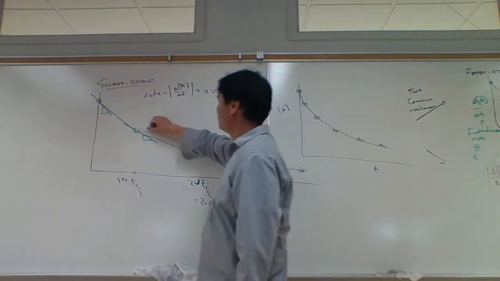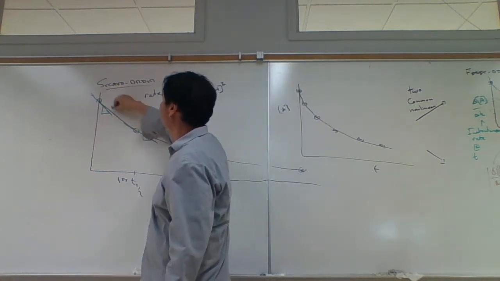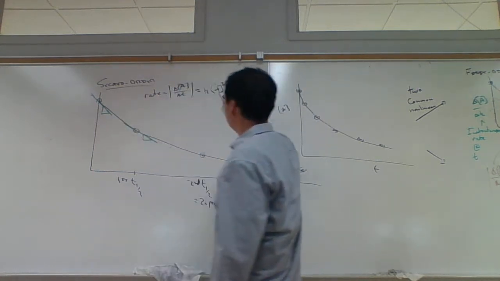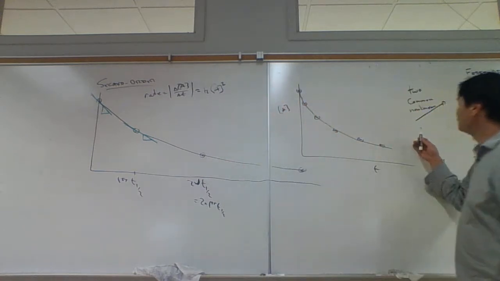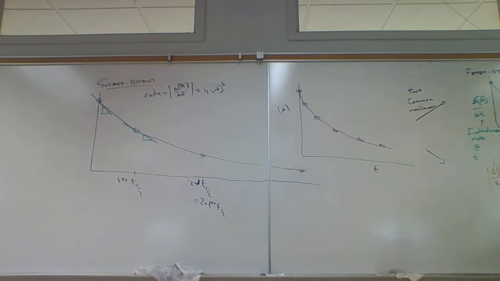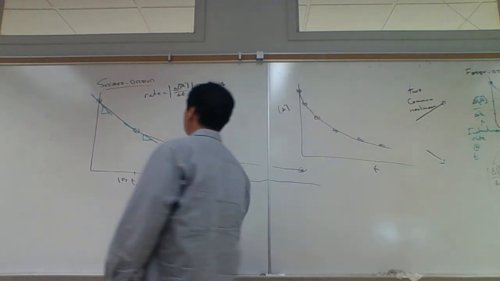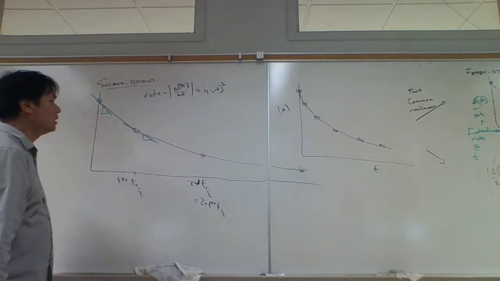The opposite holds true. If we go more concentrated, if we double the concentration, the rate should quadruple. Over here, the first order, if we double the concentration, the rate only doubles. It's directly proportional. And so this is the other common nonlinear pattern.